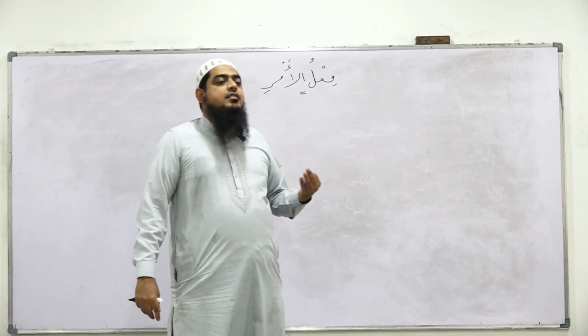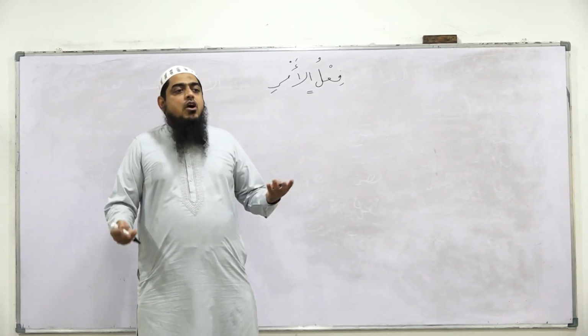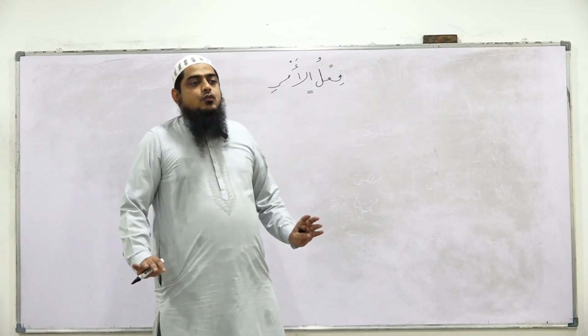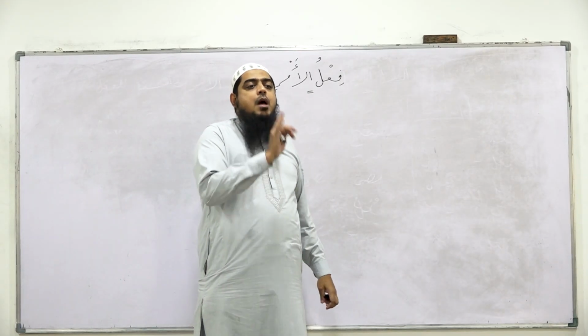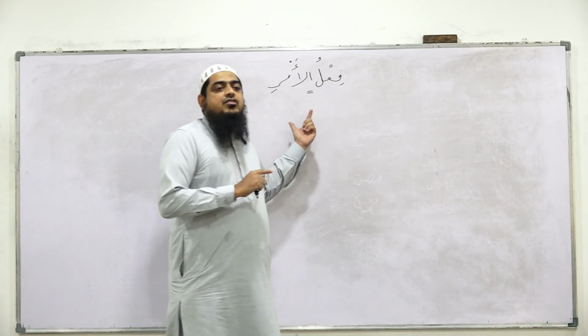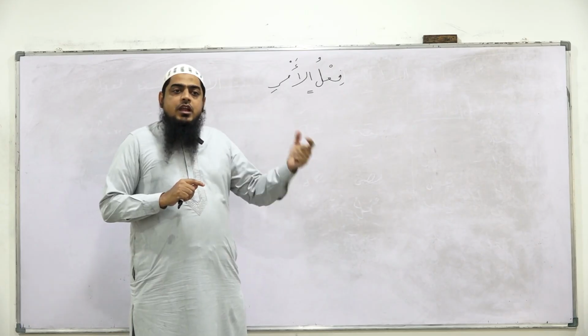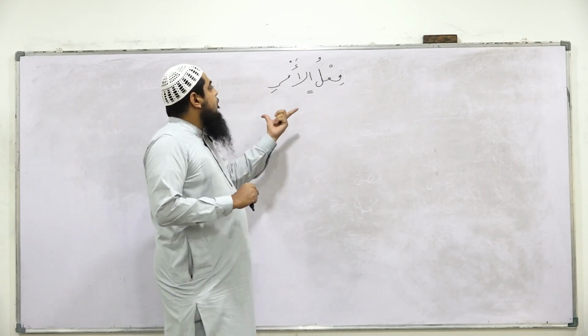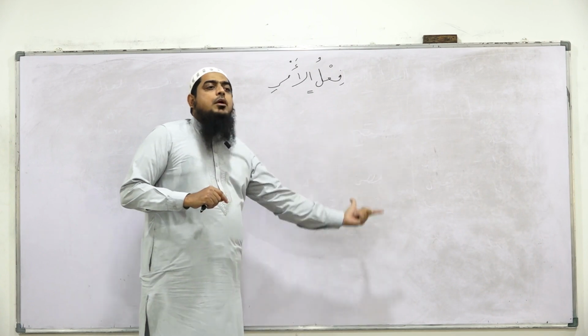Al-mukhatab, because you can't order somebody who is not here. Al-ghaib, you can't order. And you can't order yourself. So only al-mukhatab. So for amr, you need to know that this can be extracted from mudari and that too from al-mukhatab. So to conjugate al-fi'l al-amr, you should know mukhatab conjugation.